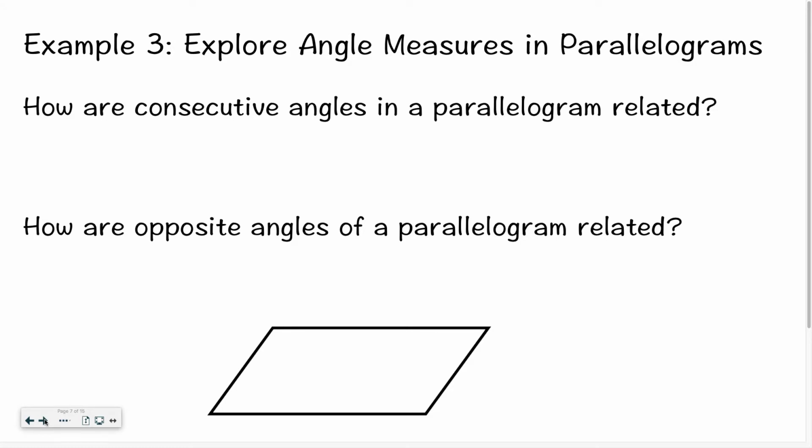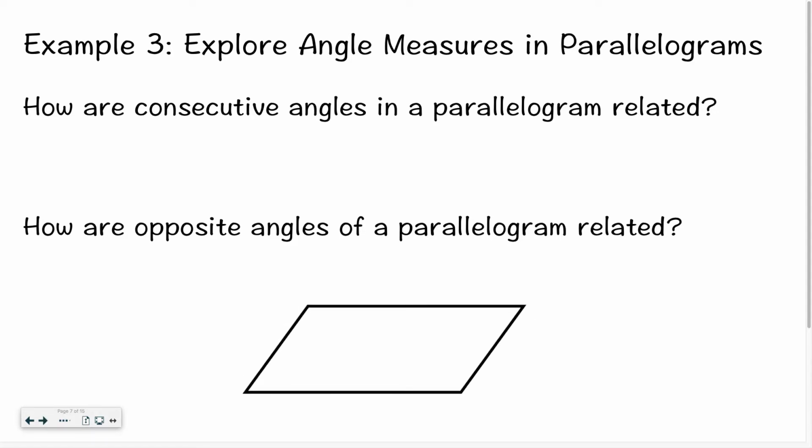Example 3. Okay, explore angle measures in parallelograms. How are consecutive angles in a parallelogram related? So remember, consecutive means in a row. So if I look at this purple angle, my consecutive angle would be either of these blue angles.